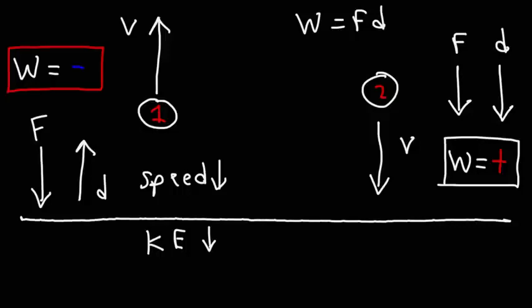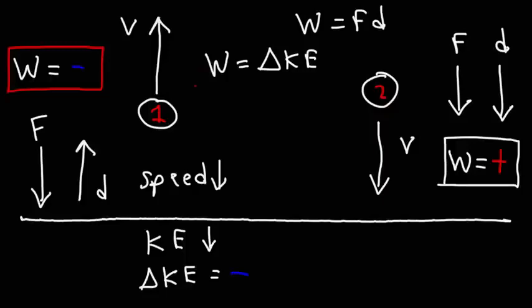The kinetic energy is directly proportional to the square of the speed. So whenever an object speeds up, the kinetic energy increases. If it slows down, the kinetic energy decreases. Now, if the kinetic energy is decreasing, then the change in kinetic energy must be negative. And according to the work energy theorem, the net work acting on an object is equal to the change in the kinetic energy of that object.